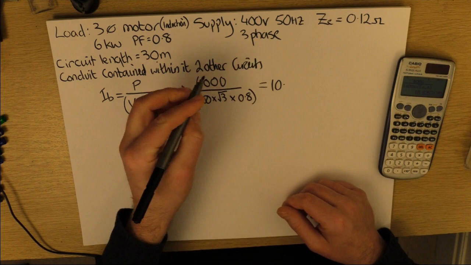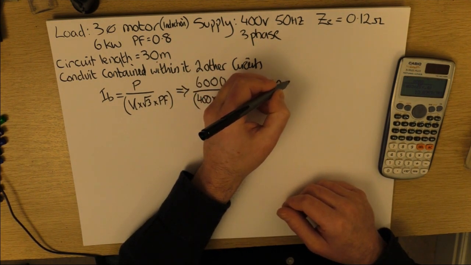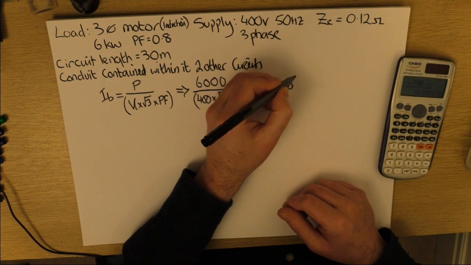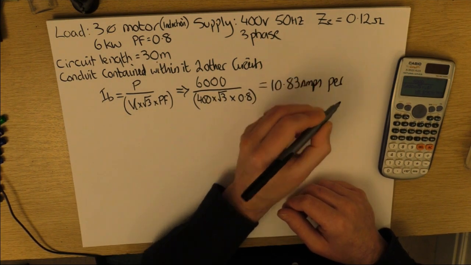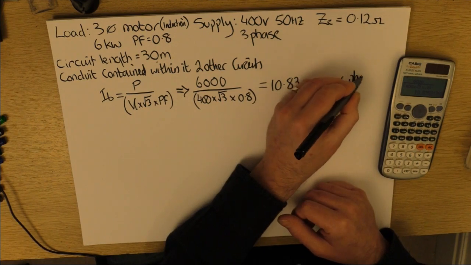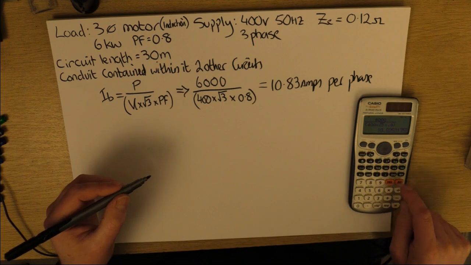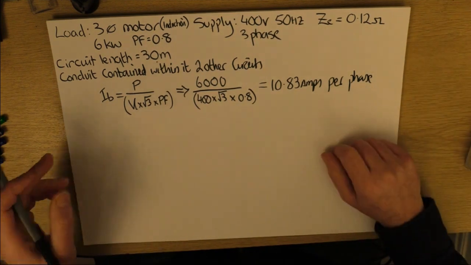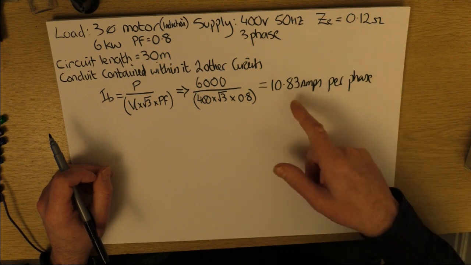Now that's per line or per phase, if you like. Yeah, 10.83 amps per phase, or per line. Get told off calling it the wrong thing, but you know what I mean. There's 3 phases, and each one's going to need to be able to cope with that.